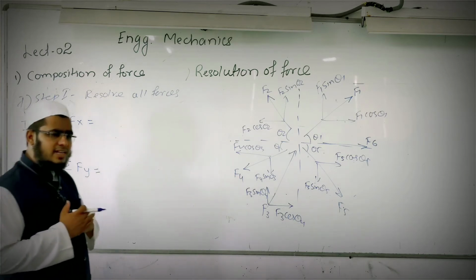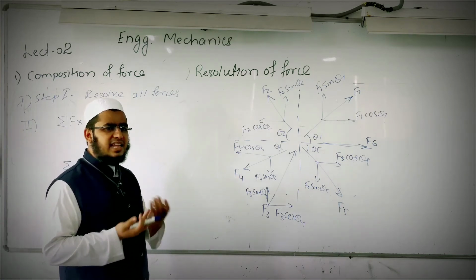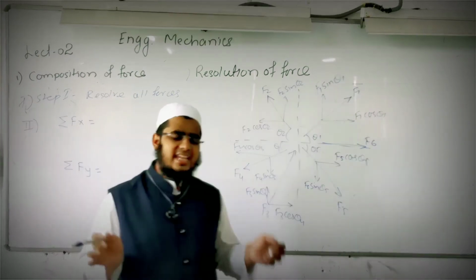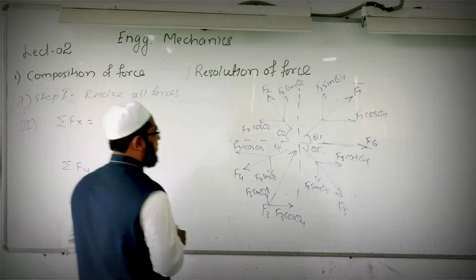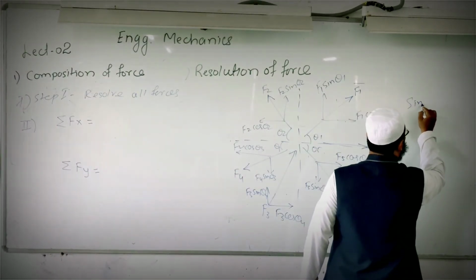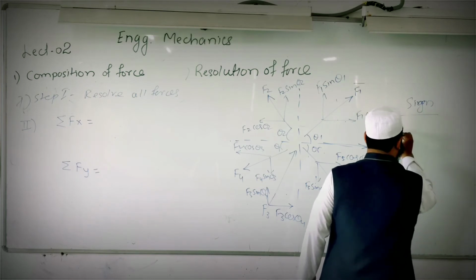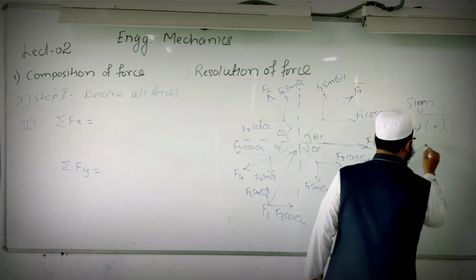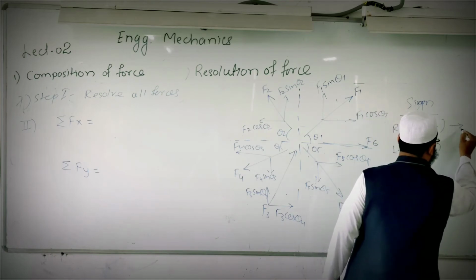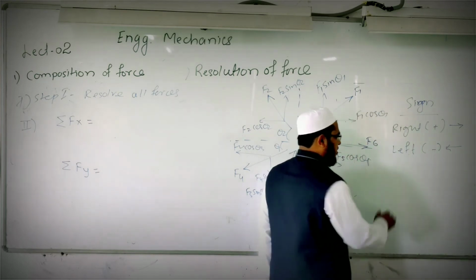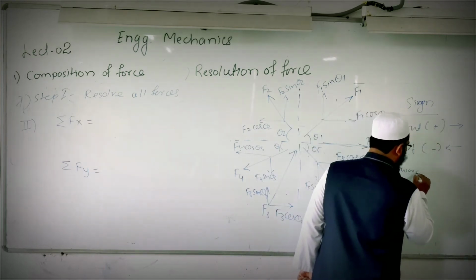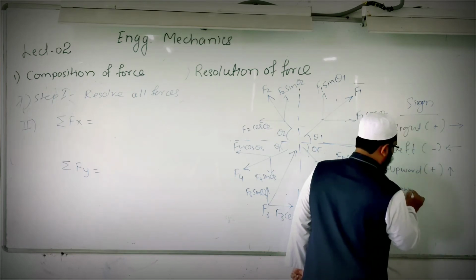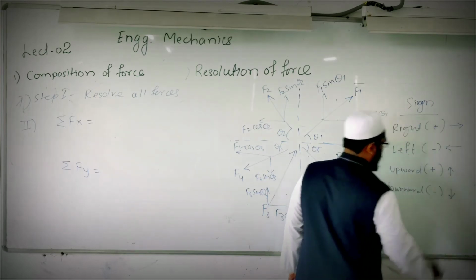When adding and subtracting scalar quantities it is very easy, 2 plus 2 is 4. But in vector quantities we have to see the direction also. That's why we require a sign convention. Sign convention is very important. We will consider rightward force as positive and leftward force as negative. Rightward positive, leftward negative. Similarly, upward force will be considered positive and downward force will be considered negative.